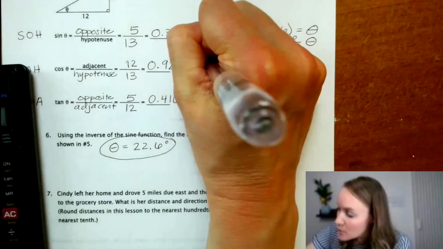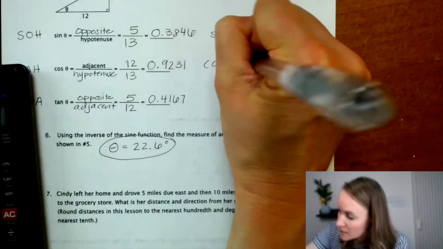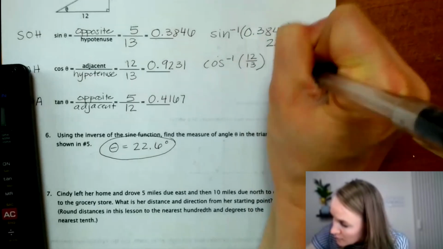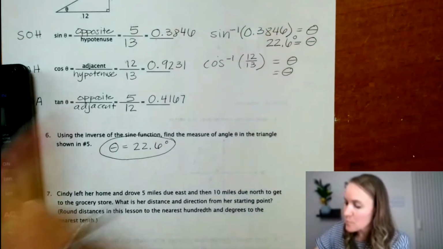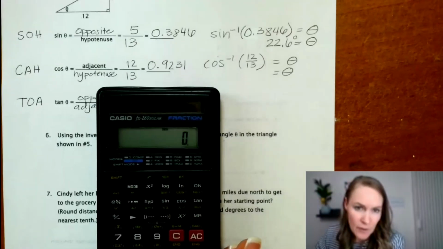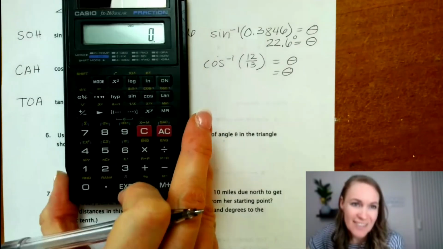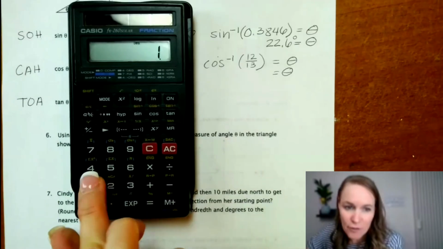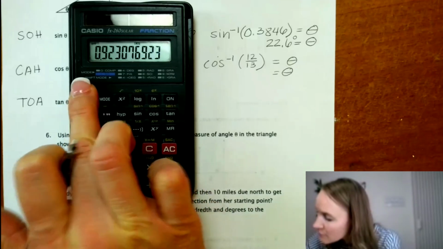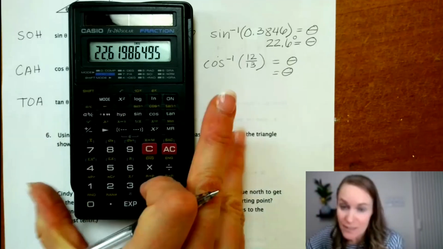So we say the inverse cosine of 12/13 equals theta. So what is theta equal to? So I'm going to put it in my calculator. Let's see if you can see this very well. 12 divided by 13, and then the inverse cosine, and I get 22.6.